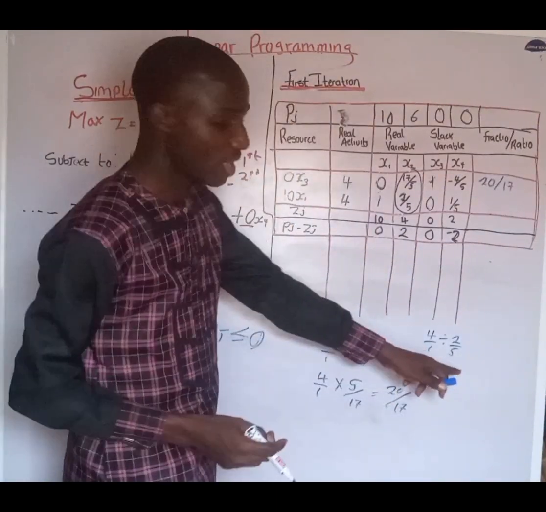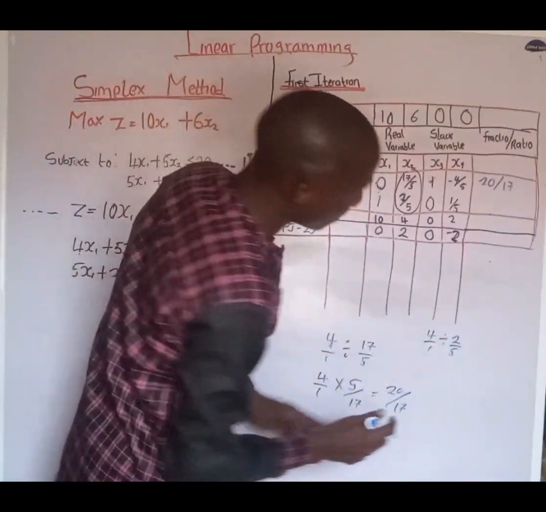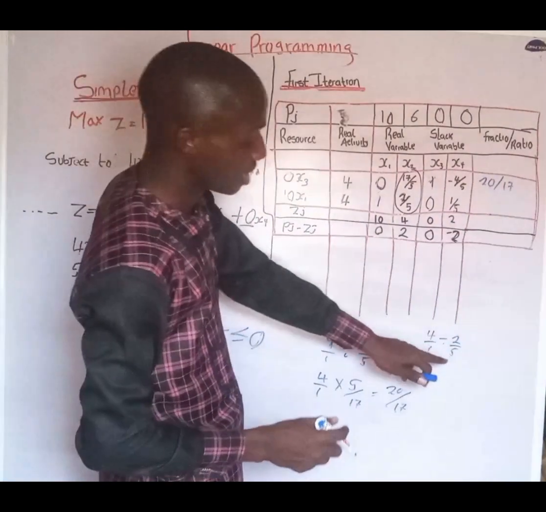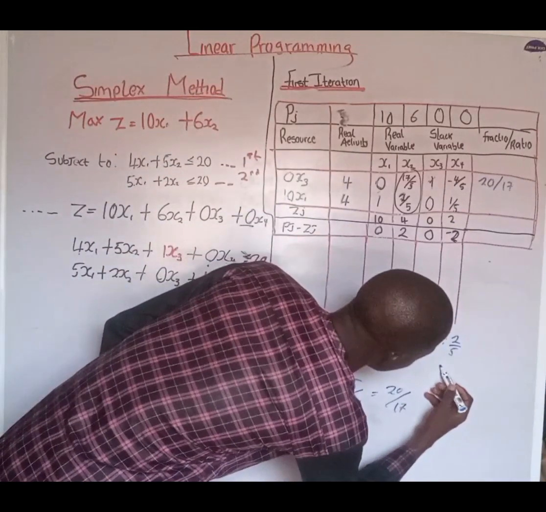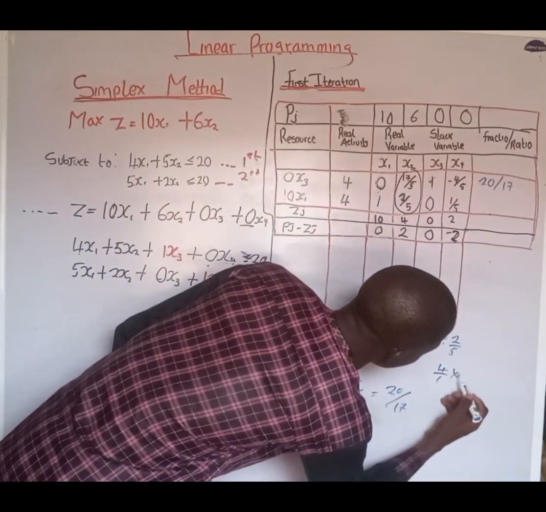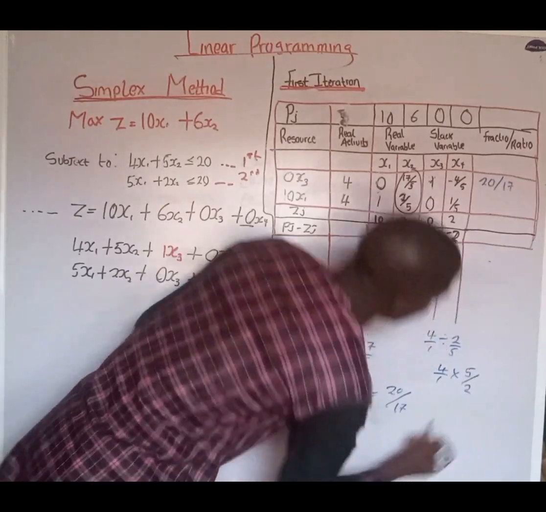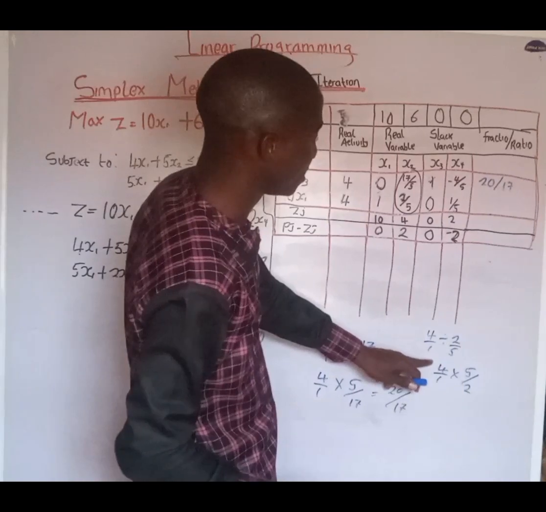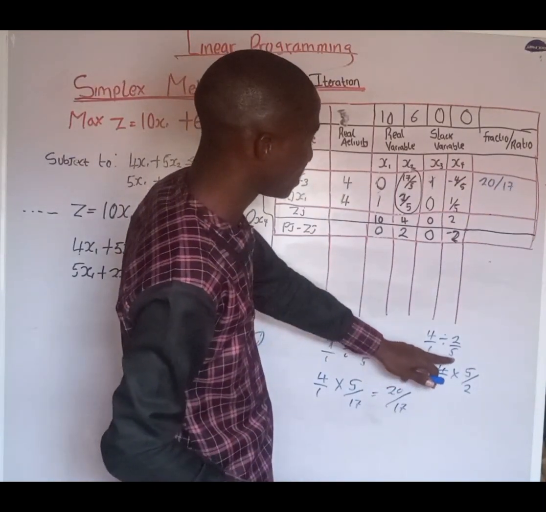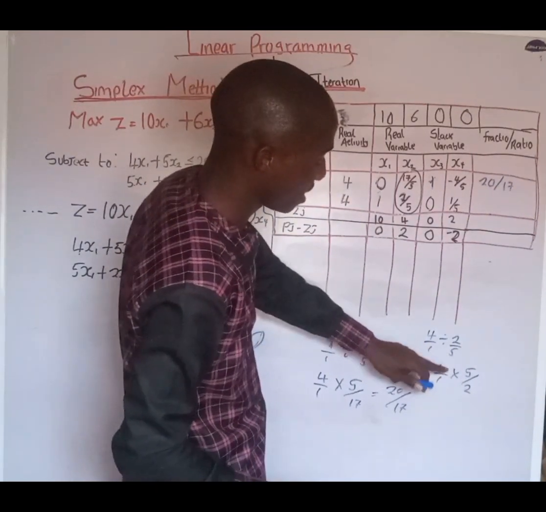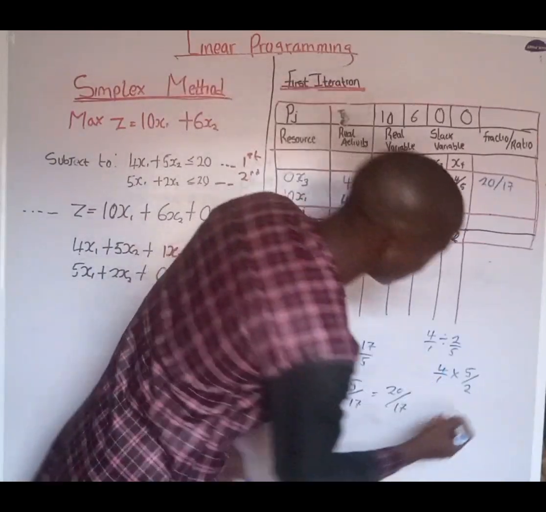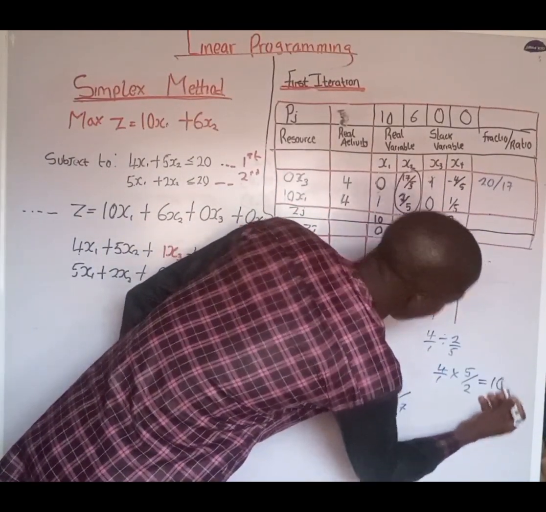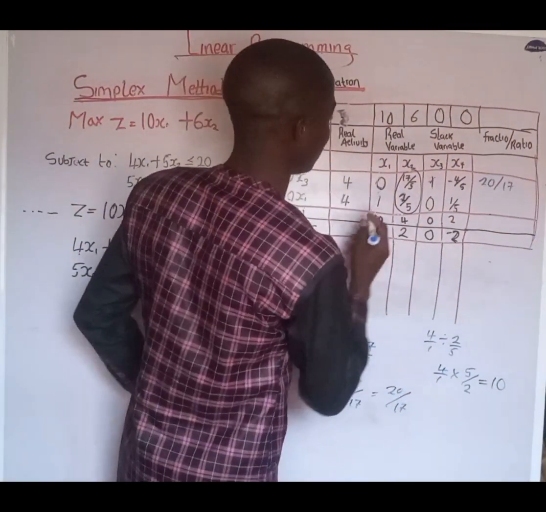If I change this division sign to a multiplication sign, 5 will come up. So I'm going to have 4/1 multiplied by 5/2. 5 times 4 is 20. So 20 divided by 2 is 10. So I'm going to have 10 in here.